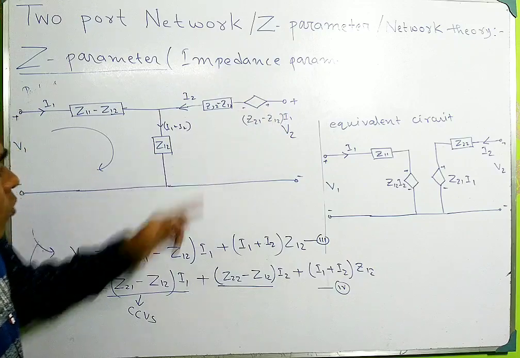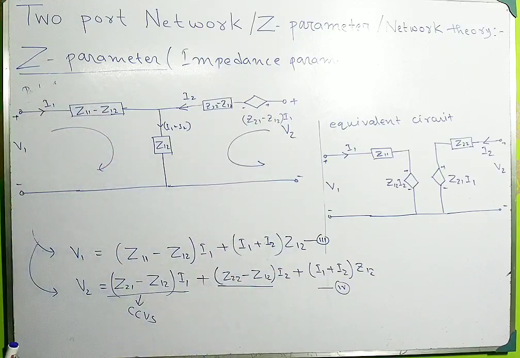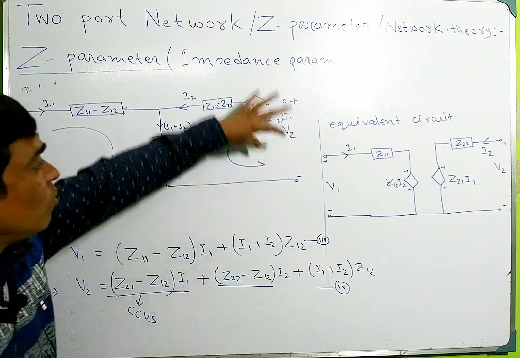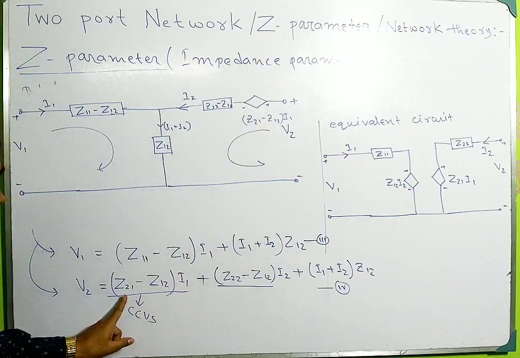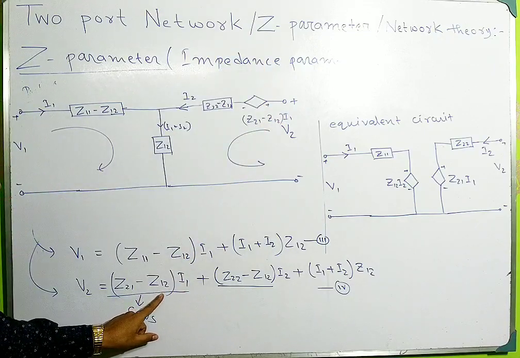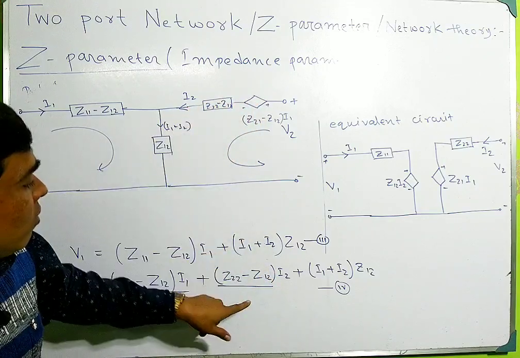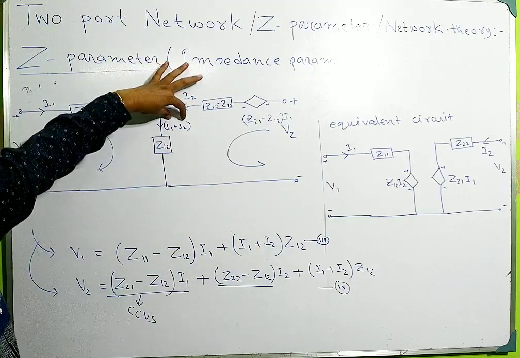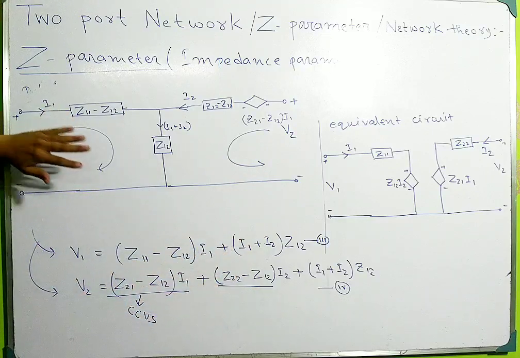So this is the output port, and from it you can write V2 equals the voltage source (Z21 minus Z12) into I1, plus the impedance Z22 minus Z12 into I2, plus Z12 into (I1 plus I2). In this way you can construct this type of equivalent circuit.